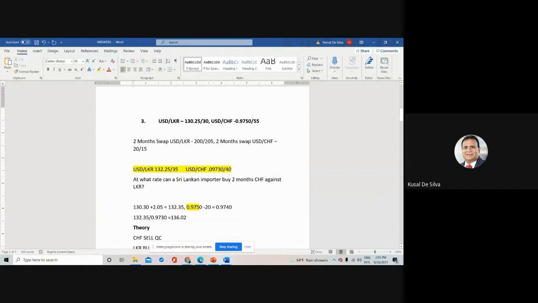point 220. You have to divide by 100, and then you have to get that value to either add or deduct. Here we are adding. This is a premium. You have to divide this by 100. If you divide by 100, it's a point. These are actually 200 and 200 and 205.